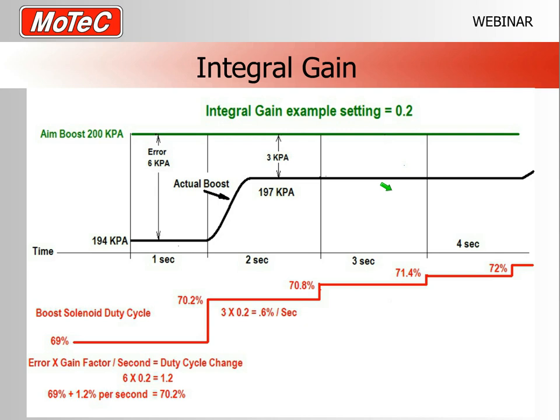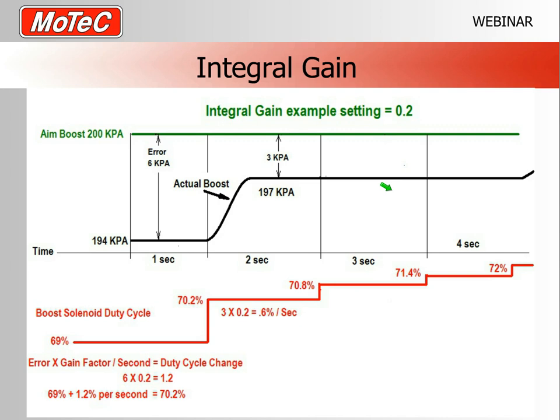So the calculation for integral is error times the gain factor. Now I need to discuss the gain factor. For the example, let's put in 0.2 here. So we've got 0.2 as an integral gain number. It is the error times the gain factor, which is 0.2 per second, equals the duty cycle change.